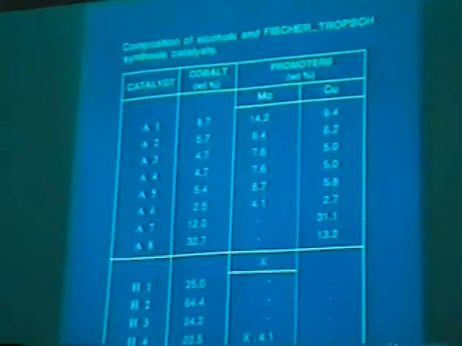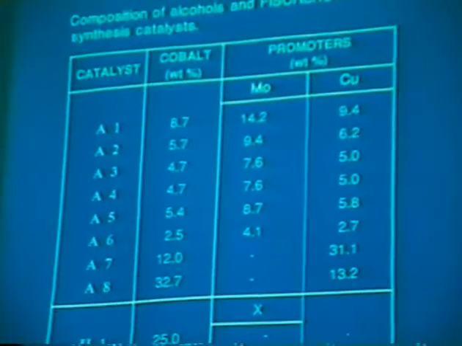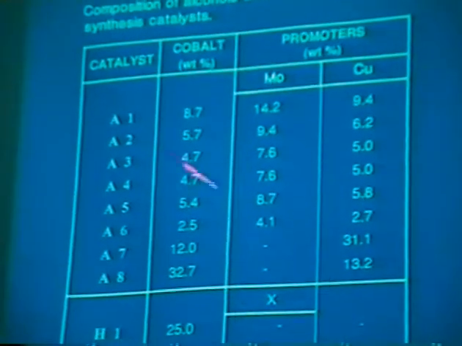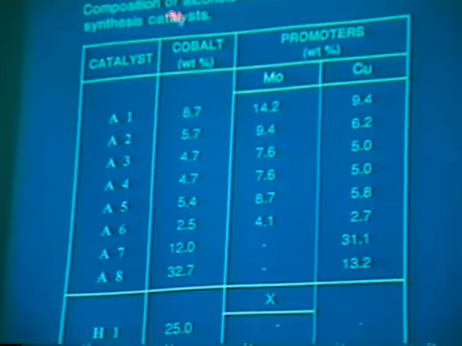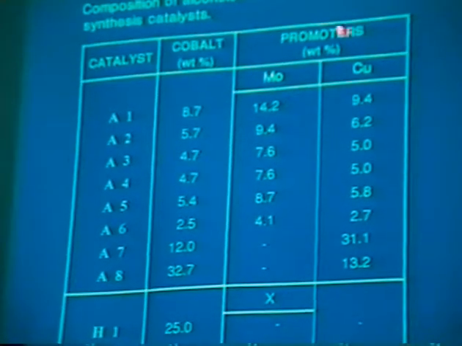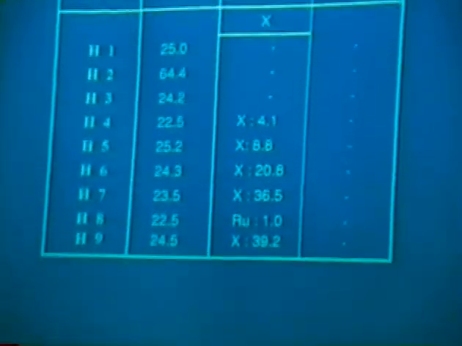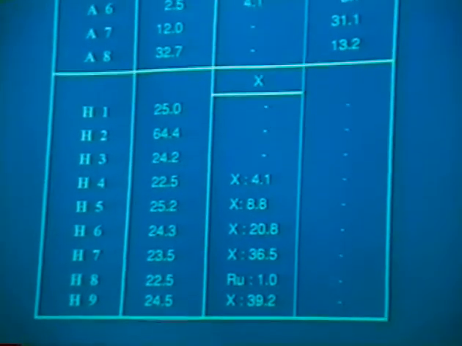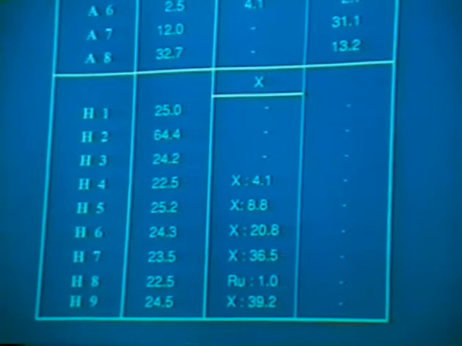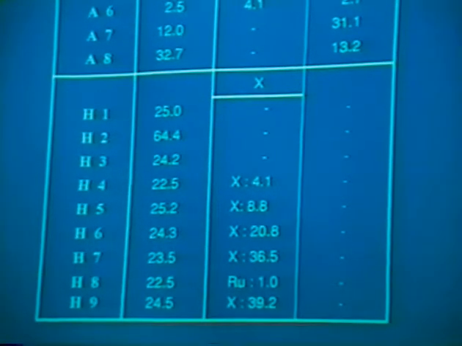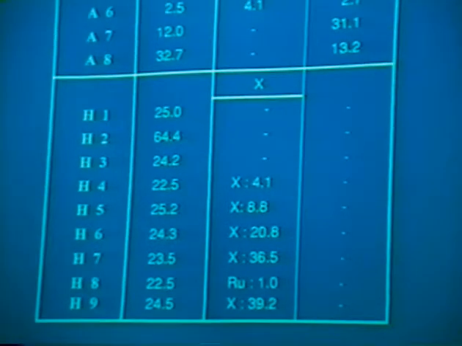What we did in this work I will present today is study alcohol synthesis catalysts, which are mentioned here, cobalt promoted by molybdenum and copper, with different formulations, and also some hydrocarbon synthesis catalysts, either cobalt on silica, those are on molybdenum, by the way, those are on alumina support, sorry.